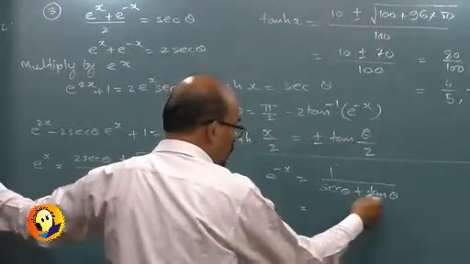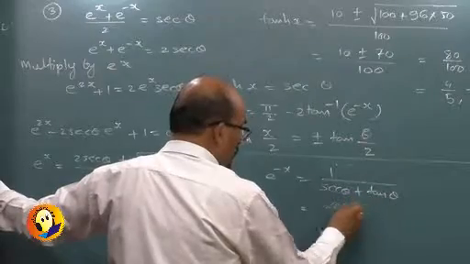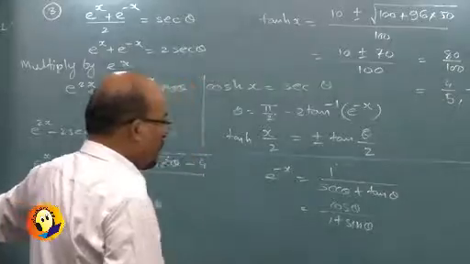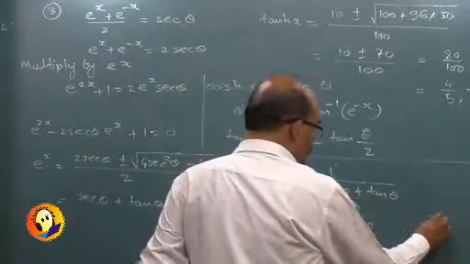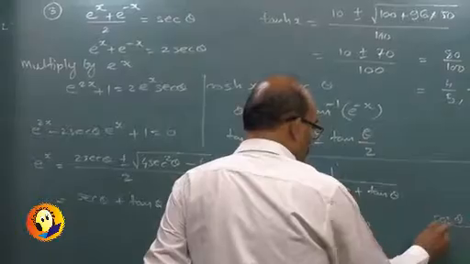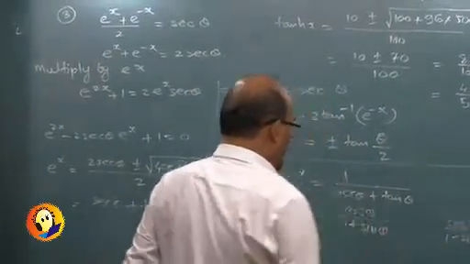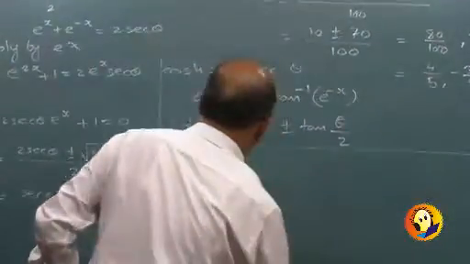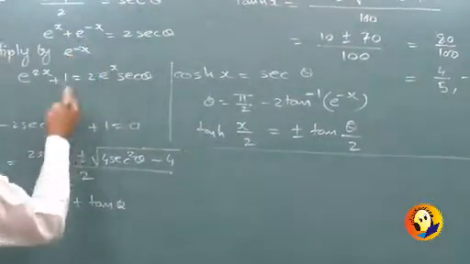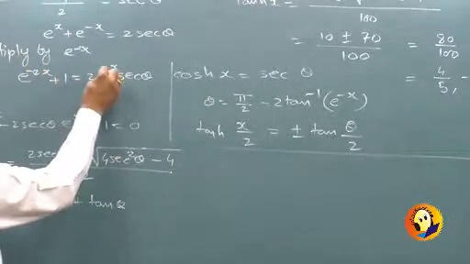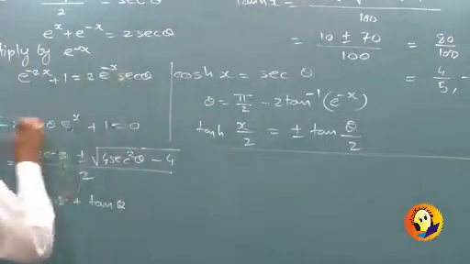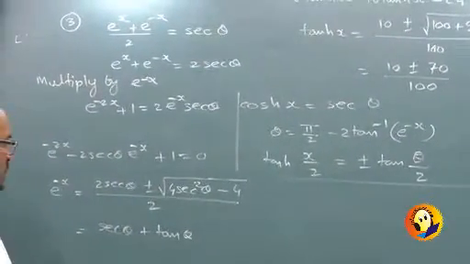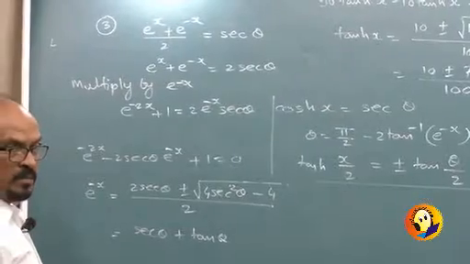So this will come out to be cos theta upon 1 plus sin theta, and the other one will be cos theta upon 1 minus sin theta. Anyway, we won't land in that trouble. We multiply by e raised to minus x because the answer demands e raised to minus x. That would be the easiest task, right?